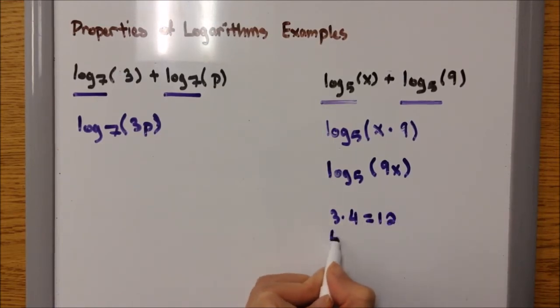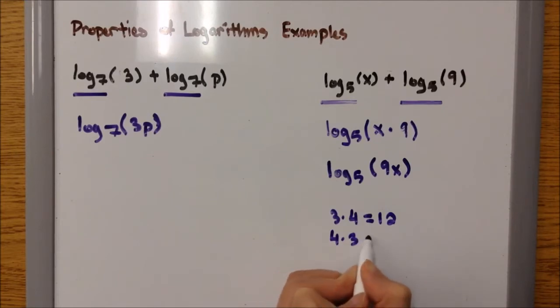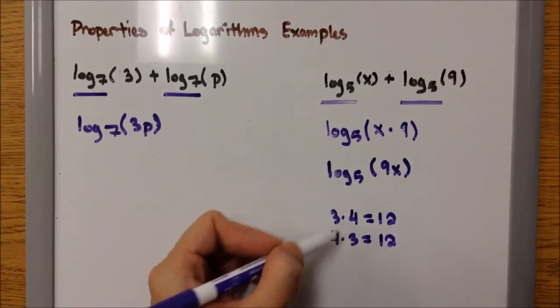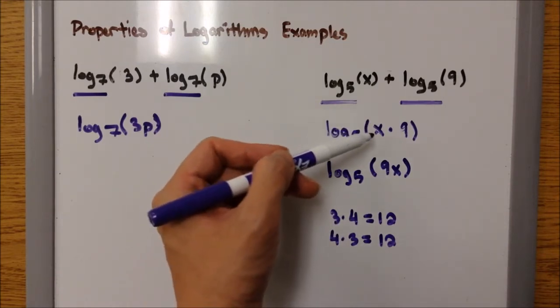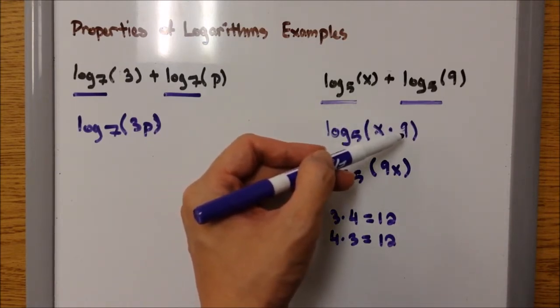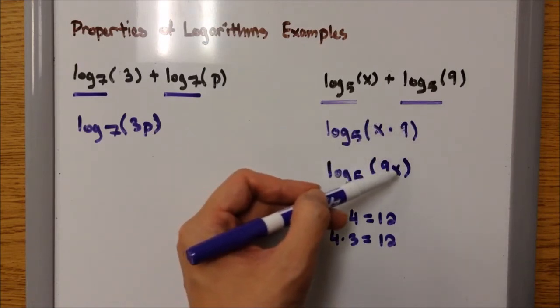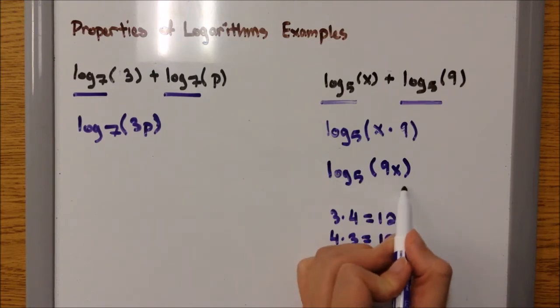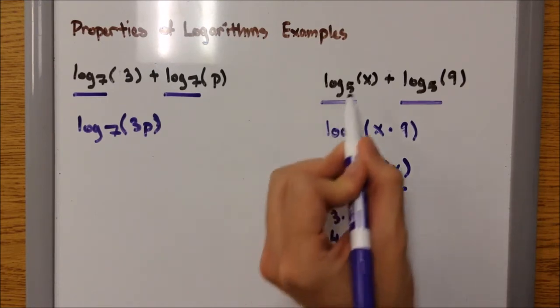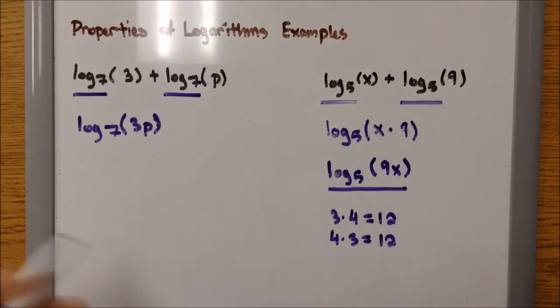Well, what's 4 times 3? Also 12. So here we can switch the number because it was multiplying. So it's the same thing up here. So x times 9 is the same thing as 9 times x, or 9x. So again, this is the answer when we combine these two logs together.